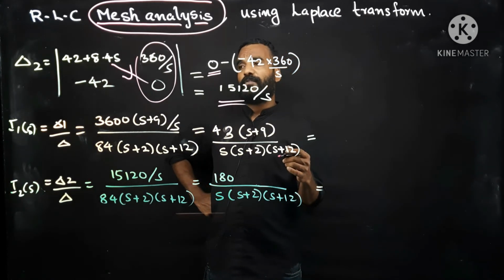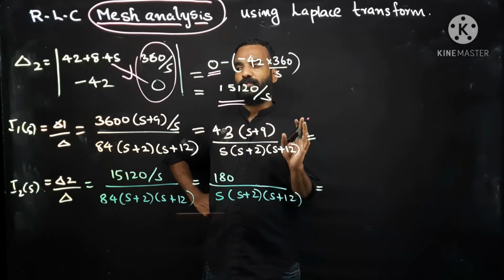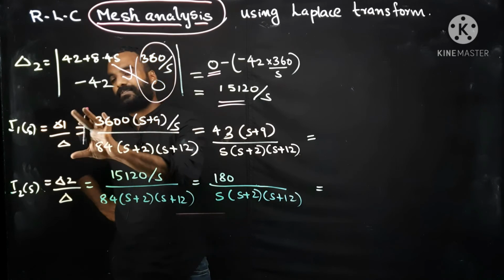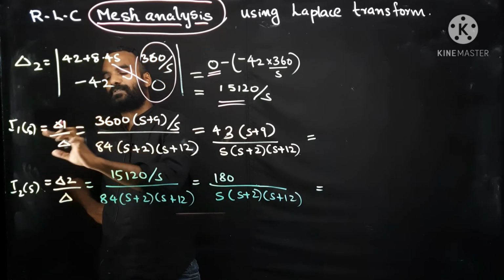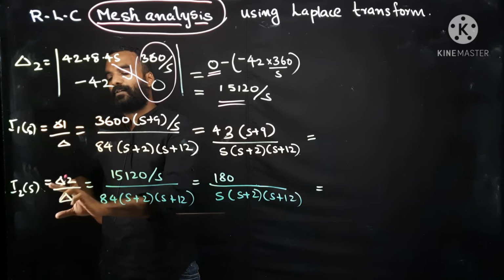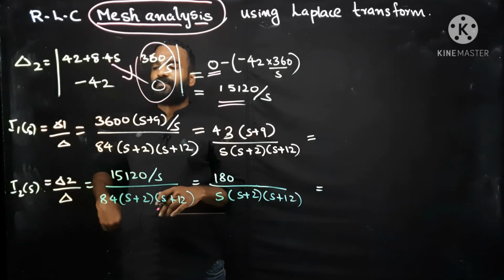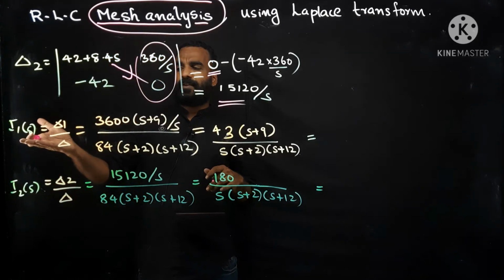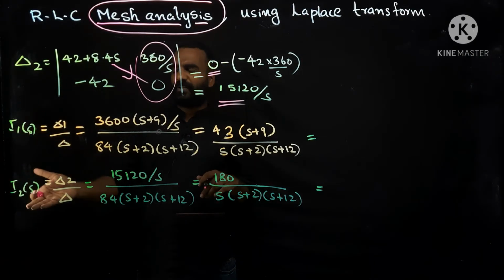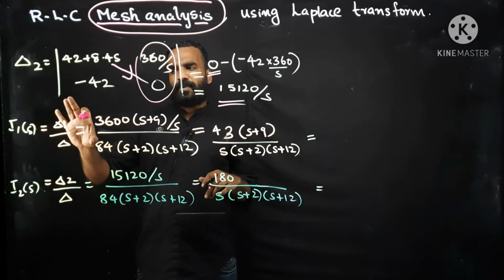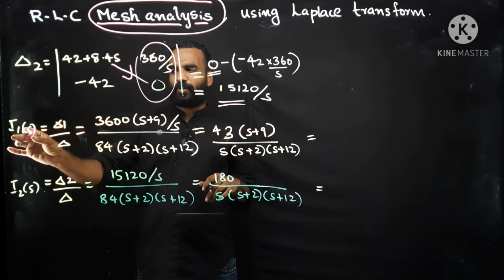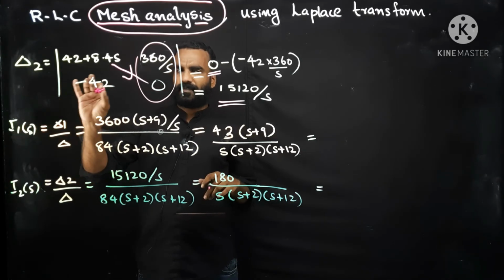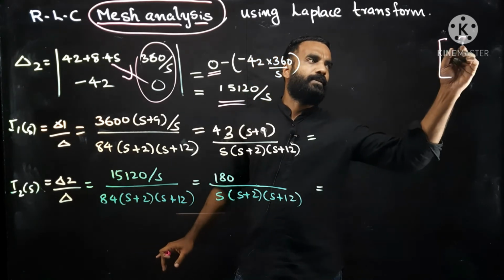Now we have to find I1 of s and I2 of s. So this is the step you have to learn by heart. Delta 1 by delta will give I1 of s, and delta 2 by delta will give I2 of s. Whatever may be the variable, I1 of s, I2 of s, or V1 of s, V2 of s, you are doing the same practice.